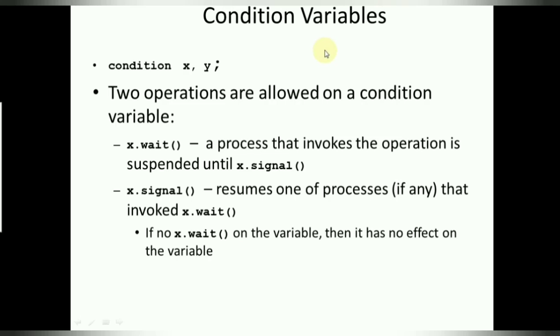Now, what is this condition variable? For example, if I have declared the condition variables x and y, these condition variables can perform only two operations, that is wait and signal. A process that invokes a wait would be suspended until it again invokes the signal.